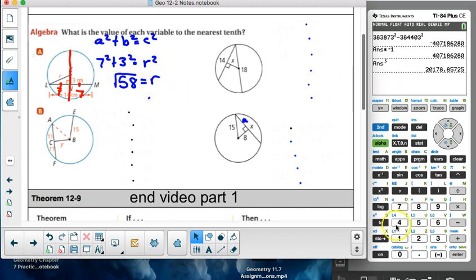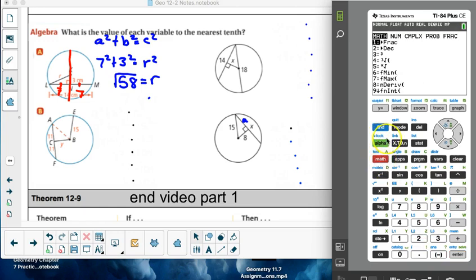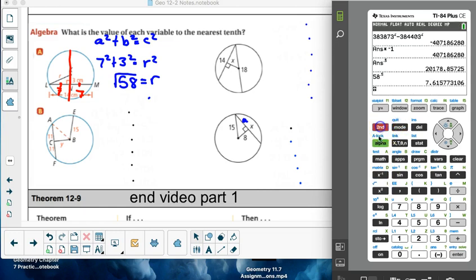I put that in my calculator, and I can do that square root in two different ways. I can raise it to the 1/2 power, like this, or I can hit my math key, and I lied, it's square root. I can hit my square root key and put 58 inside, and do it that way. Either way, I get 7.6. They want me to round to the nearest tenth.